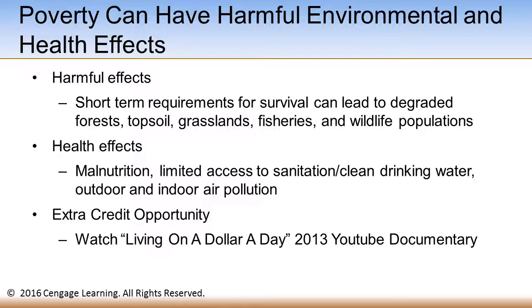They are concerned with living from day to day and making sure they have food and water as well as shelter. The health effects of poverty are related to malnutrition, with limited access to sanitation for disposal of human waste as well as resource waste. In addition, they have limited access to clean water, and typically you find outdoor and indoor air pollution associated with poverty conditions.